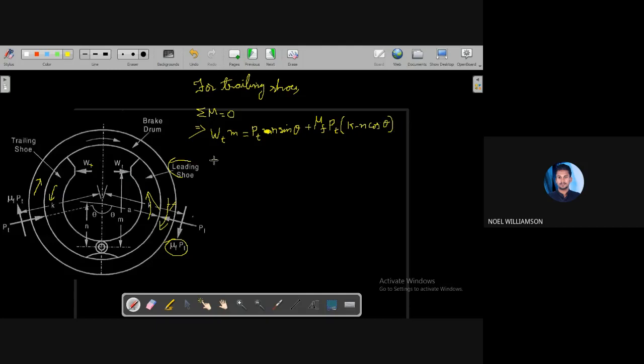From there, we will get the relation for PT as PT equal to WT into M divided by N sin theta plus mu F into K minus N cos theta.